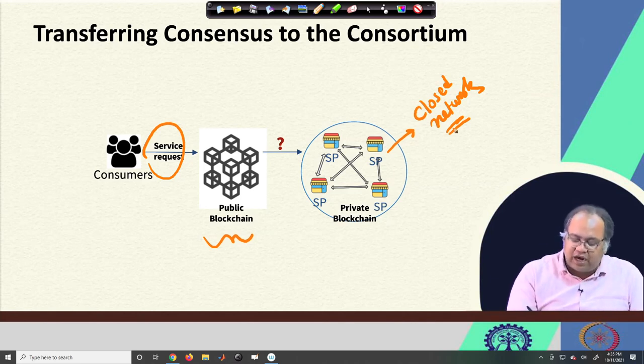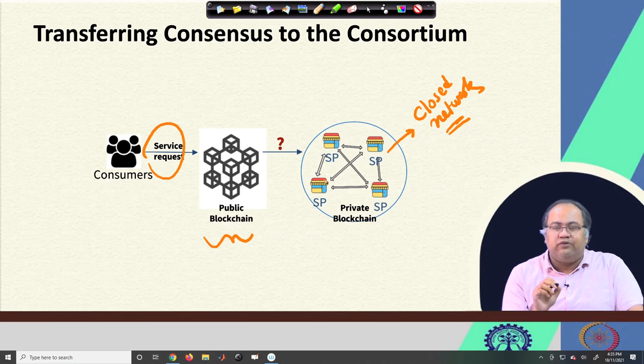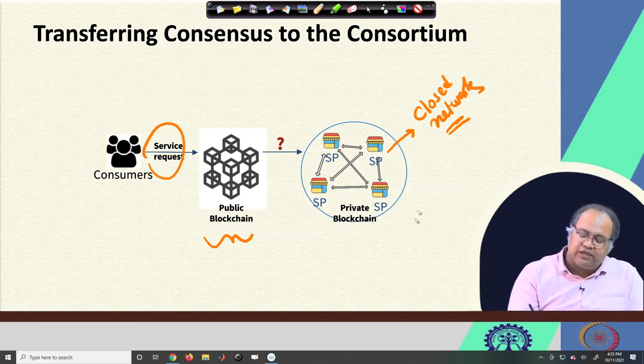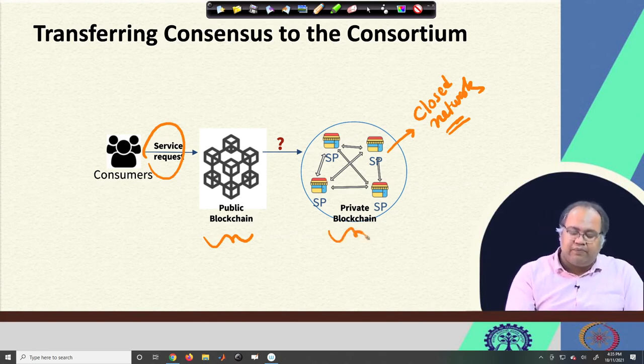So, the service providers cannot use pseudonymous identity; they have to reveal their identity to provide the service, so that the consumer can choose a particular service provider. Because of that, we thought that the service provider network can be a private blockchain network, which service providers join through some external validation mechanism.